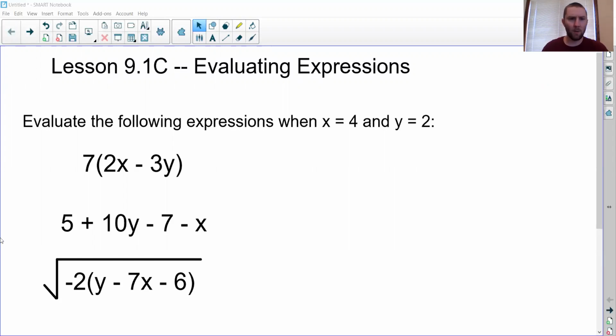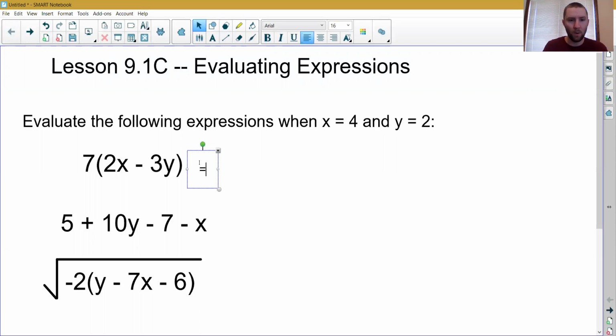If we start with the instructions here, we're asked to take these three algebraic expressions and evaluate them when x is equal to 4 and y is equal to 2. When we're given these values for our variables, the first thing we want to do is replace the variables in our expression with the values we are told they're equal to.